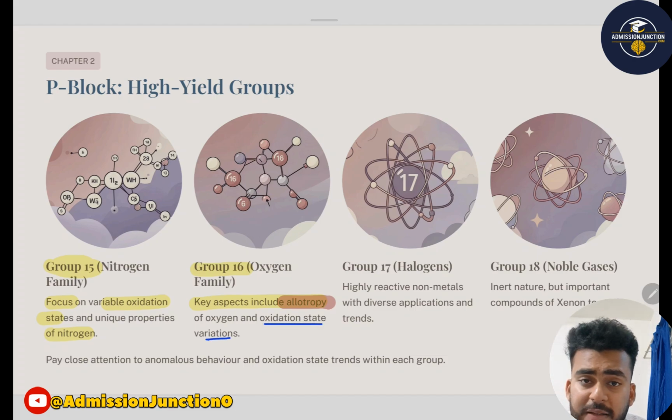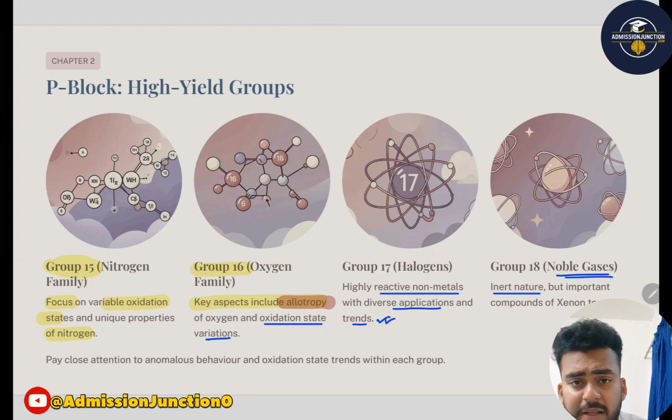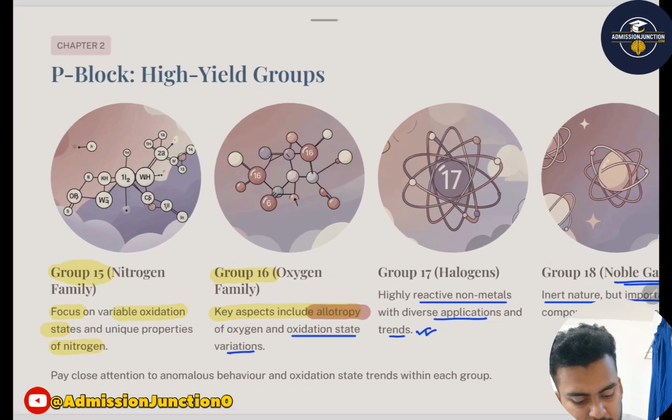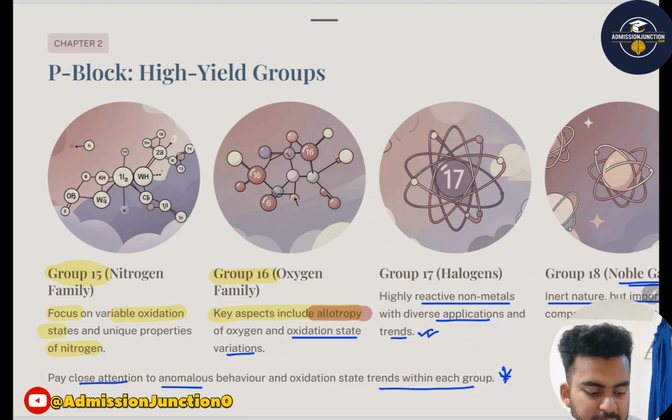Then group 17, that is the halogen group. It has highly reactive non-metals with diverse applications and trends. And group 18, that is the noble gases, right? So noble gases are inert gases, and compounds of xenon are very important to study. It's an advice from my side: pay close attention to anomalous behavior and oxidation state trends with each group.